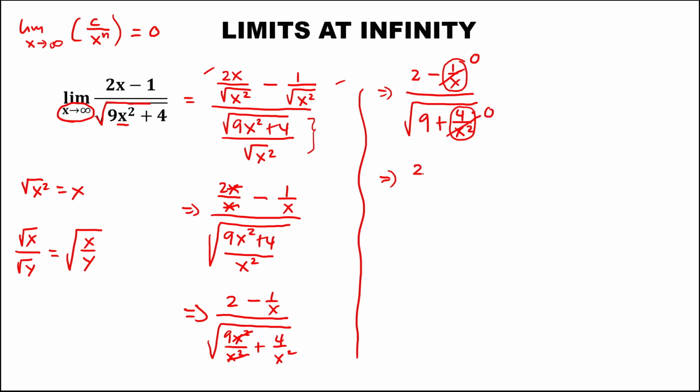So we have now 2 minus 0 over the square root of 9 plus 0, and we have 2 over the square root of 9, which is 3. So therefore the limit is equal to 2 over 3.